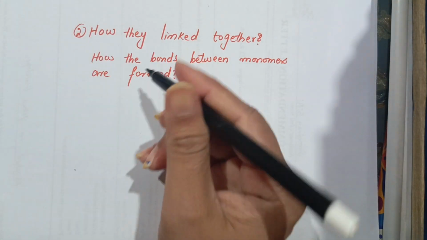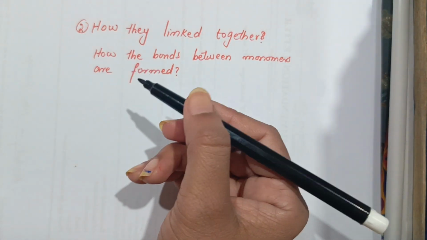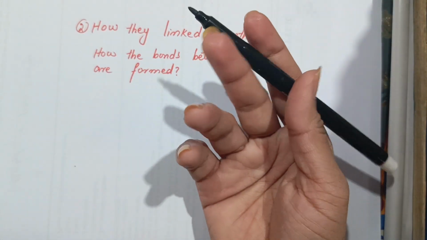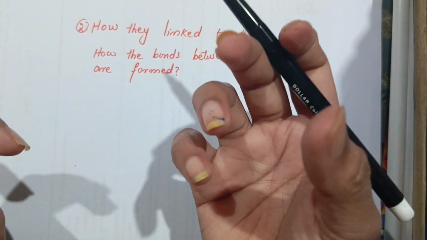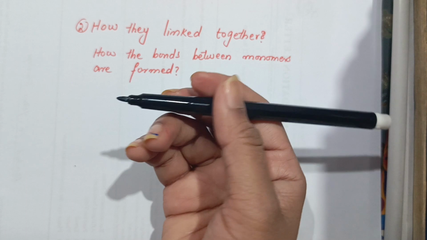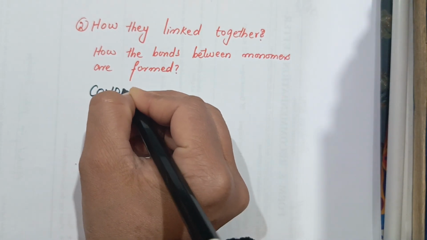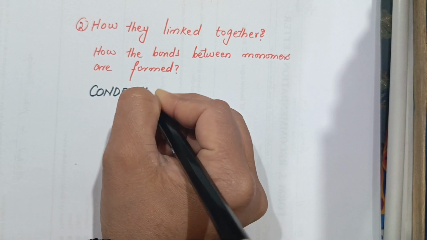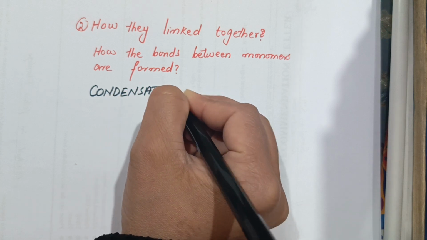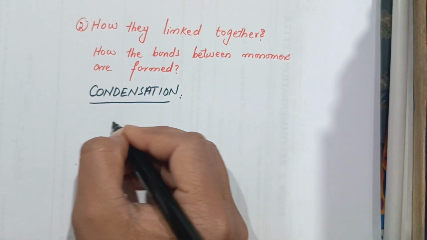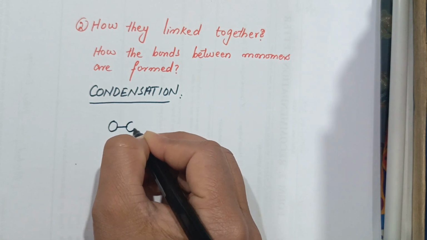According to this, we will see that in these monomers there is a chemical reaction called condensation. A condensation reaction takes place in which two monomers combine together.